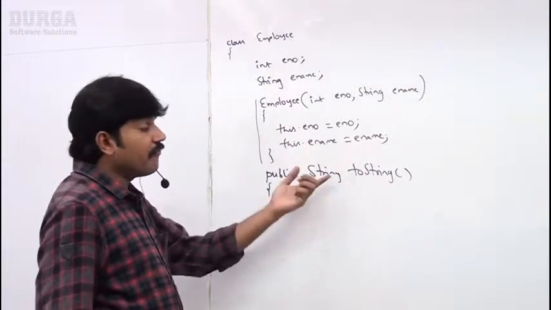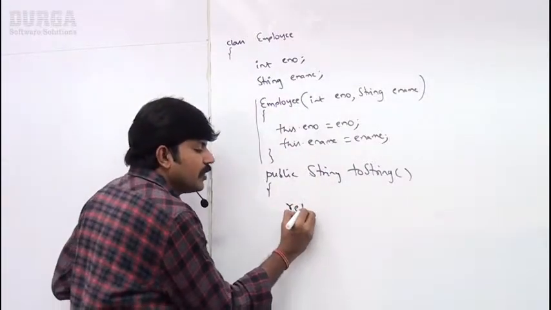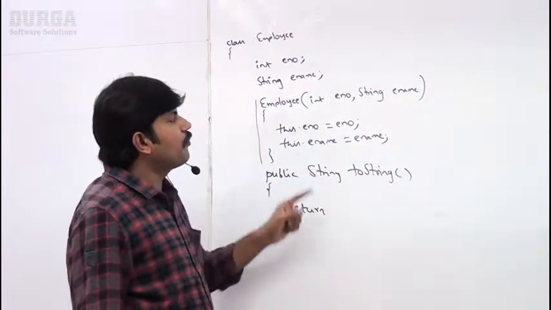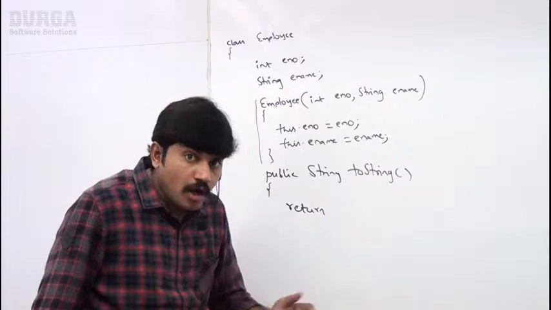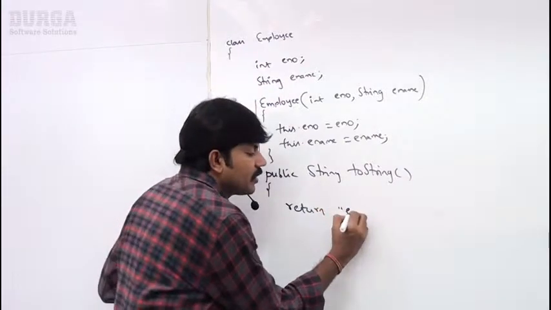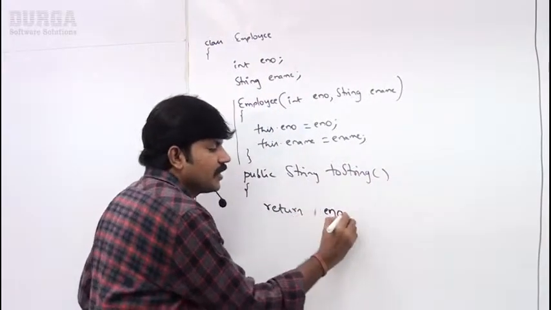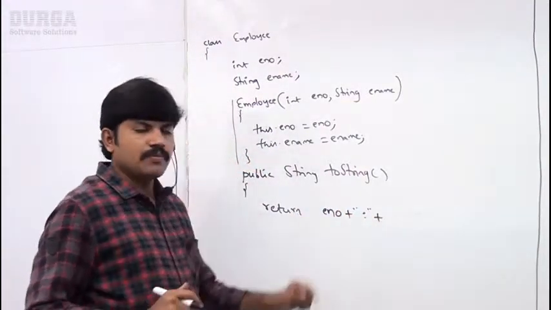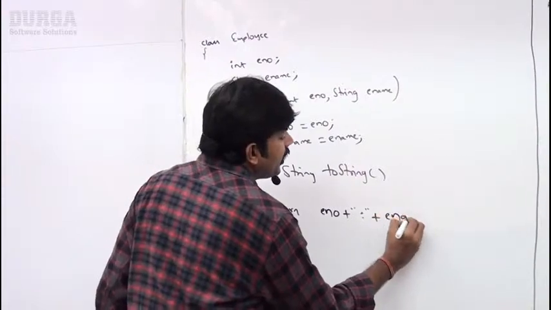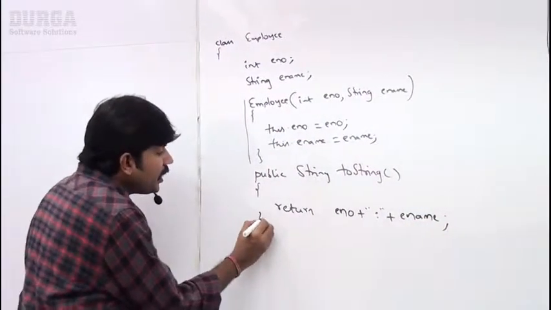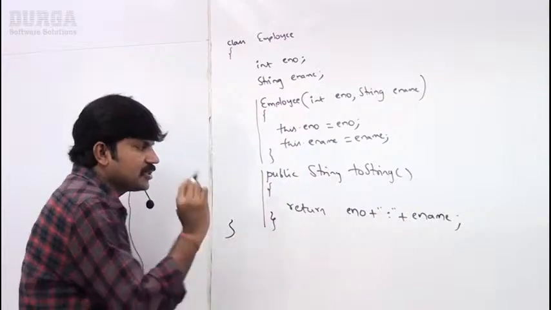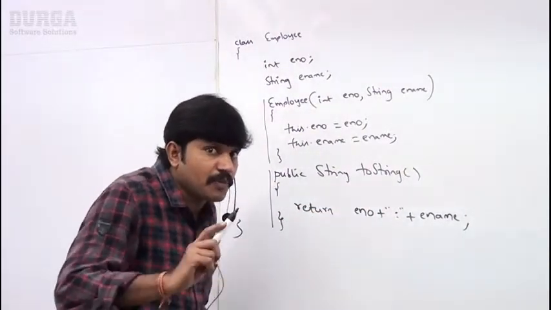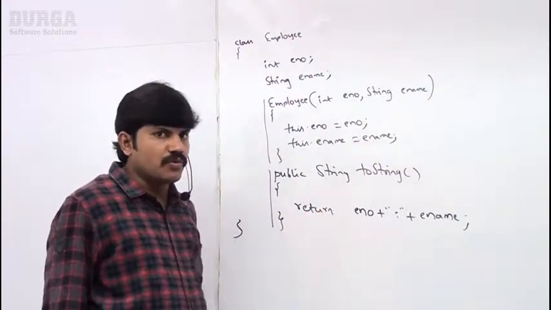It returns enum plus colon plus ename, a meaningful string representation. If you print an employee object, the toString method comes into the picture.